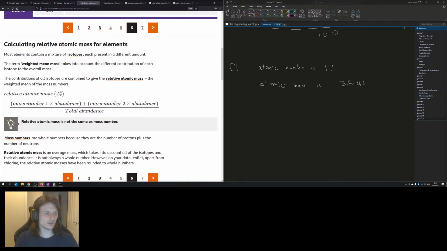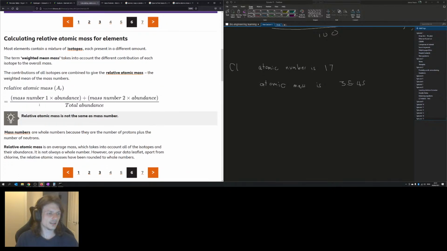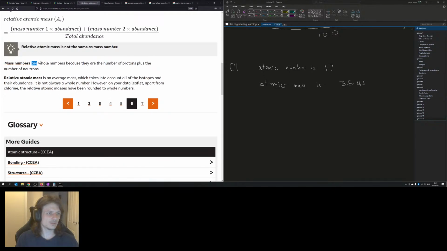So the relative atomic mass, whatever this means. Oh, okay, I see, this is what they're calling it, Ar. The mass number is a whole number because it is the number of protons plus the number of neutrons.